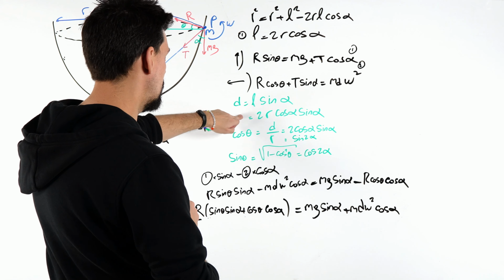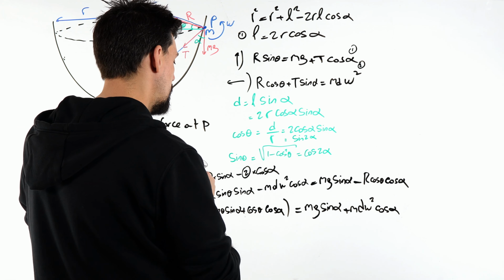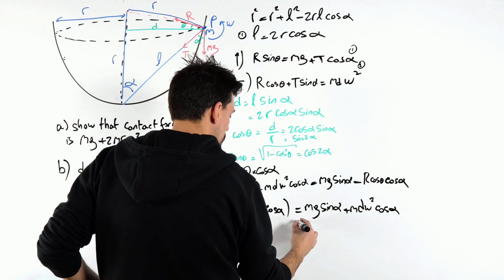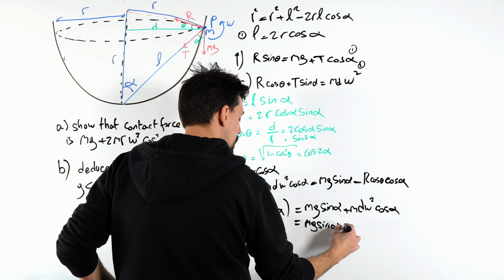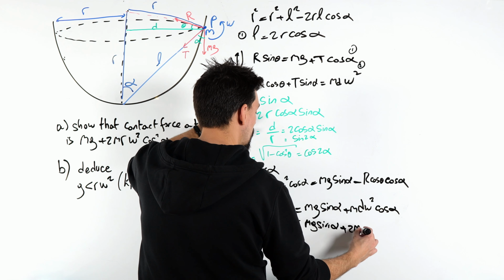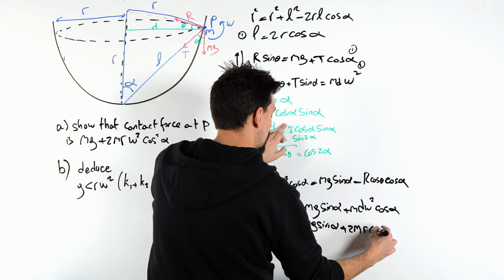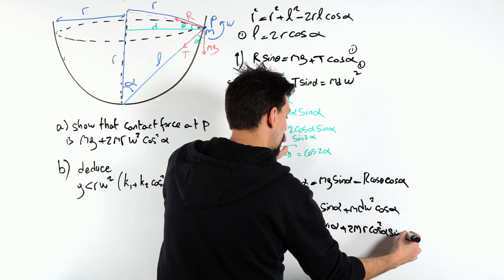I think D had a sine alpha in it as well. Okay, so we don't really have a choice here, but we're just going to have to go for it. So mg sine alpha. Now, what did you say D was? That is 2m r cos squared alpha. Oh, there's some good stuff coming out here.